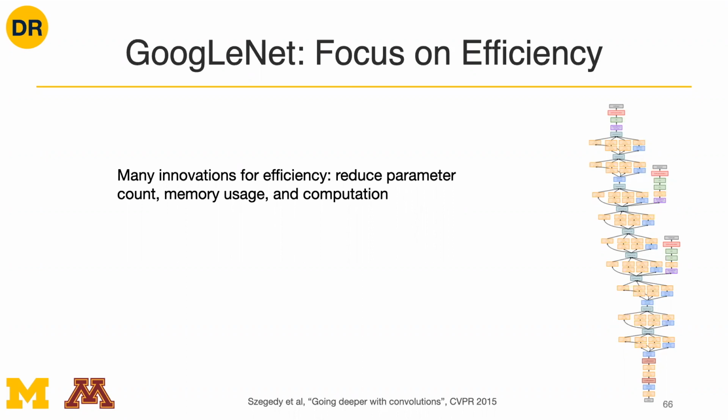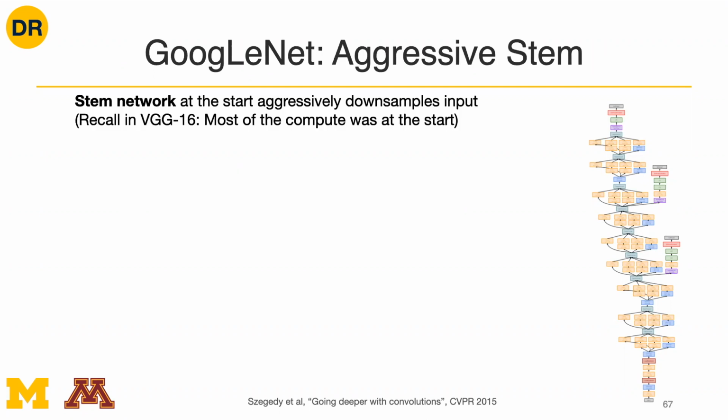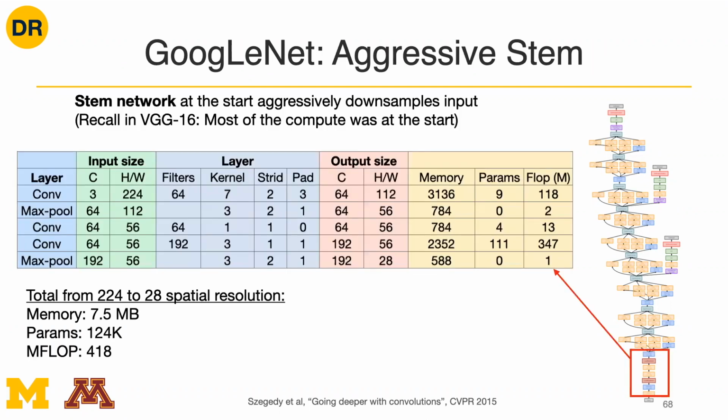So they proposed two different things to the architecture. One is the STEM network, which is similar to what we saw in VGG16, but it downsamples the spatial resolution much faster than what we had earlier.